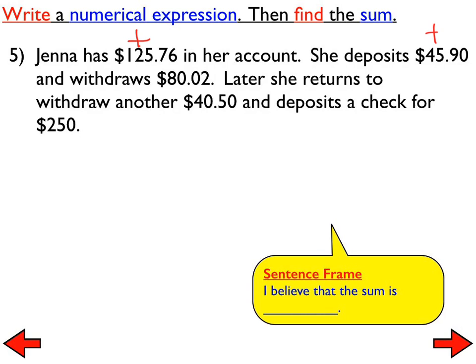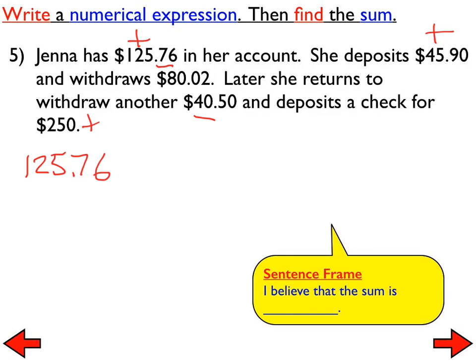Positive. Withdraws $80.02. Is that positive or negative? Yeah, she's taking it out. Later she returns to withdraw another $40.50. Is that positive or negative? Negative. And then deposits a check for $250. Positive or negative? Positive.